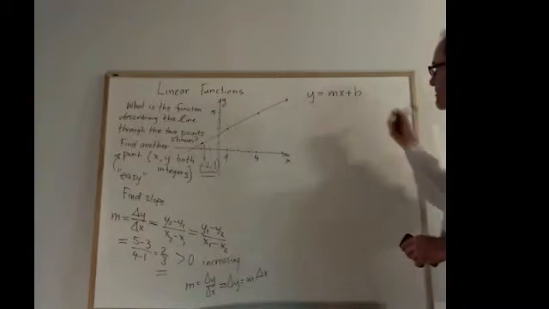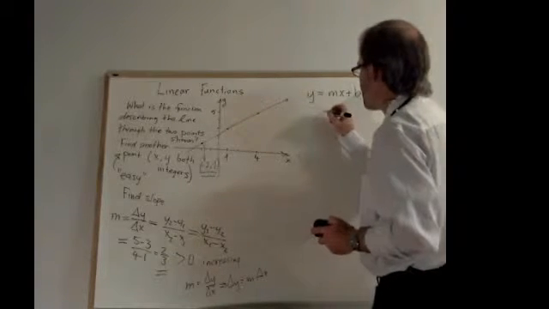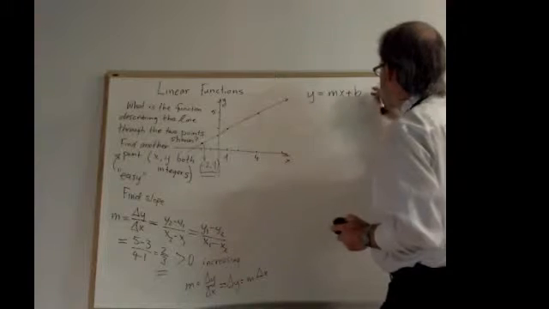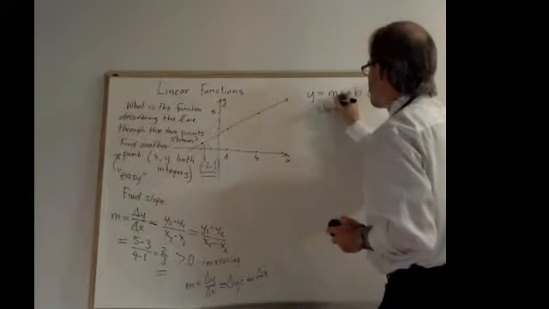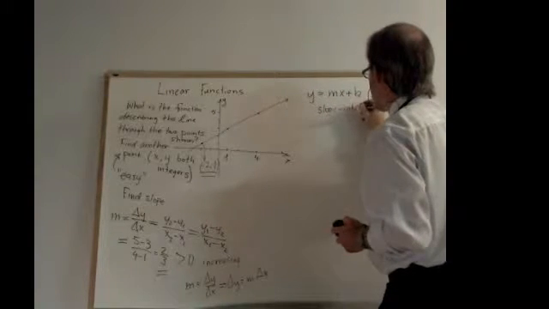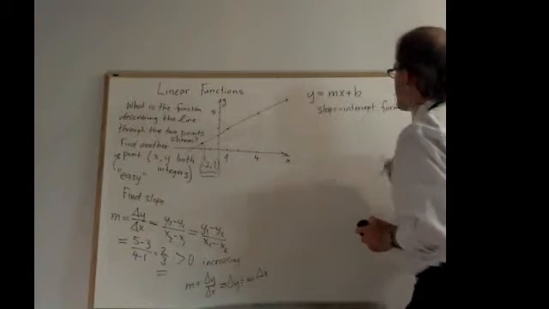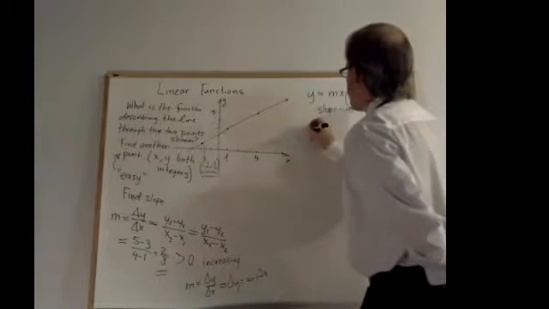We have mx plus b, that's a familiar way to many people. The slope is m there, so that's the slope intercept form. You've shown explicitly the slope and the y intercept. And then you also have the point slope form.